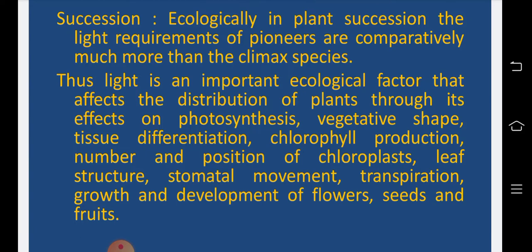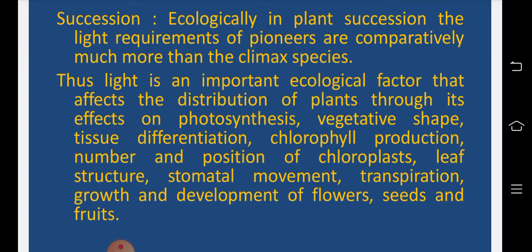They require more light. Later on, many communities occupy that place one by one. Finally, a climax species invades that place. That community is the climax community. So here the pioneers' requirement is high when compared to climax species.